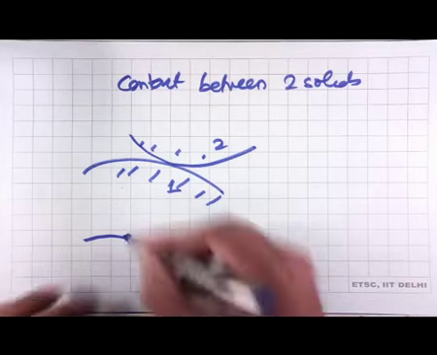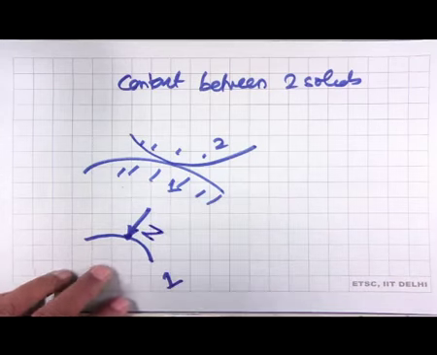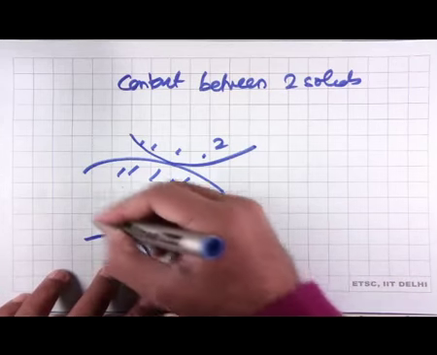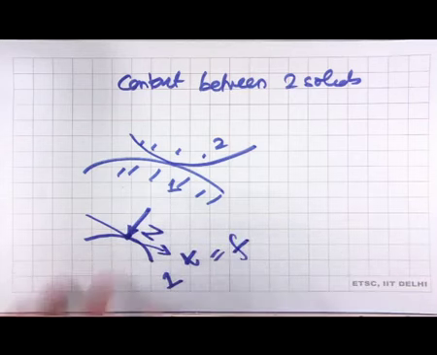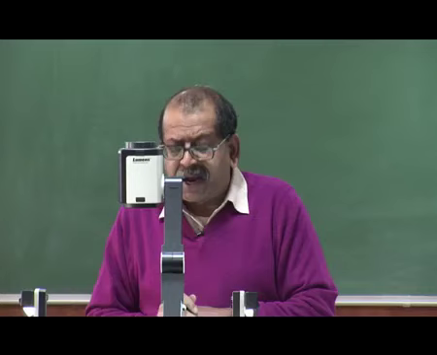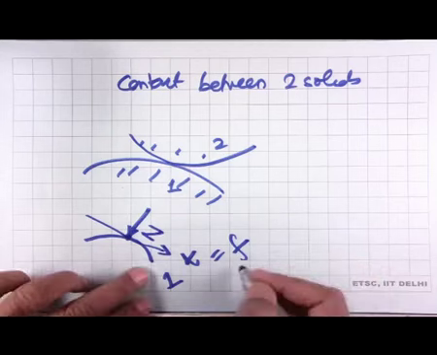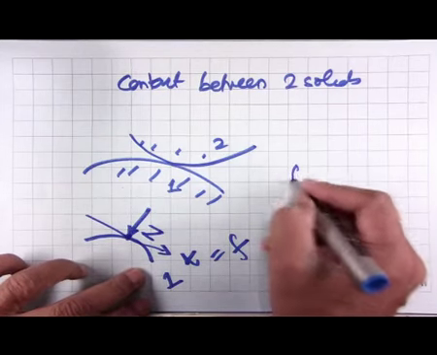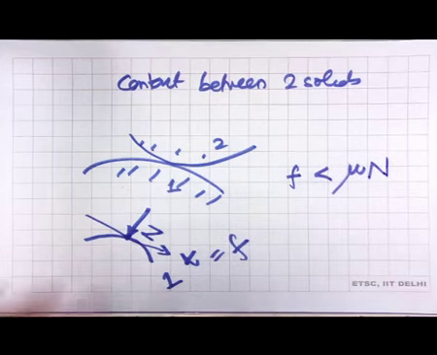At the point of contact, what I show is a force in the normal direction which I call N, and a force in the tangential direction which I refer to as the force of friction. This is what I do when I have contact between two solid bodies. And what our modeling tells us is that this friction force is less than or equal to mu times N.